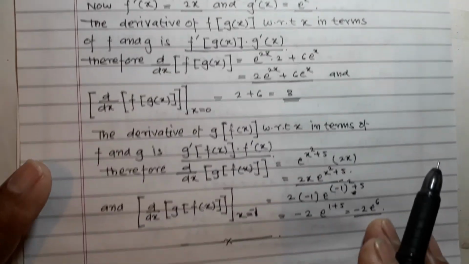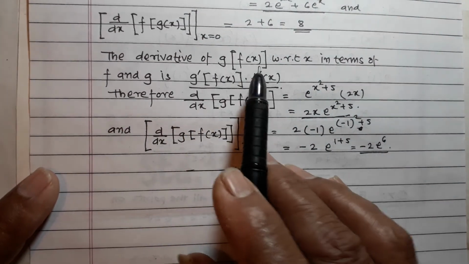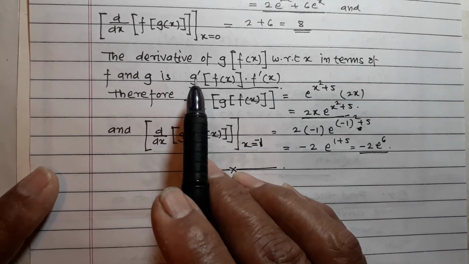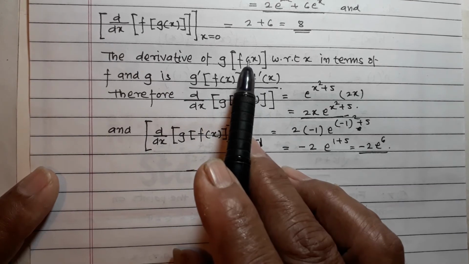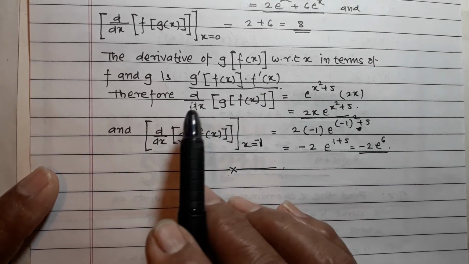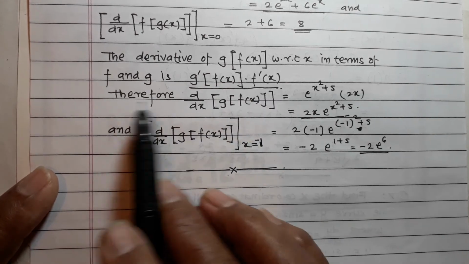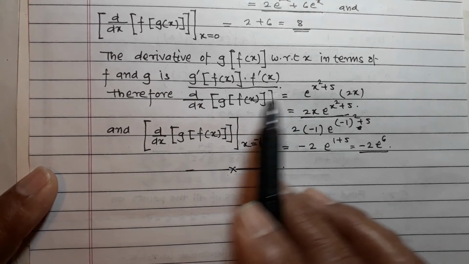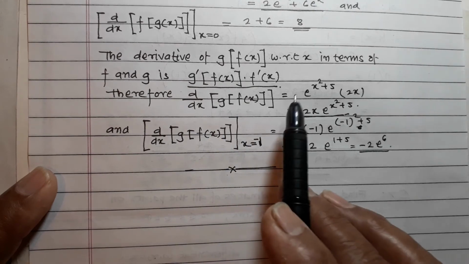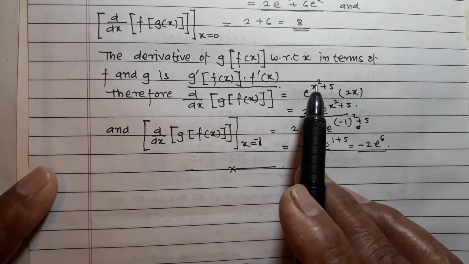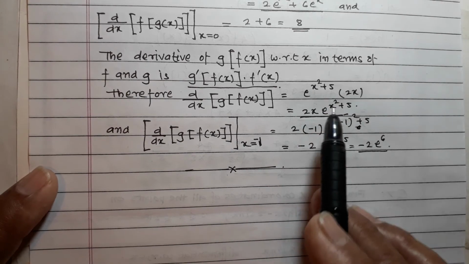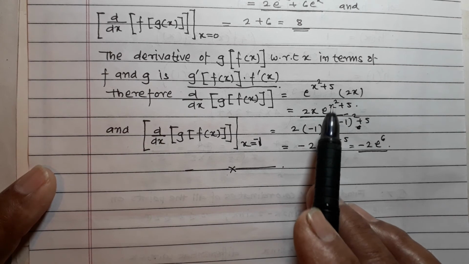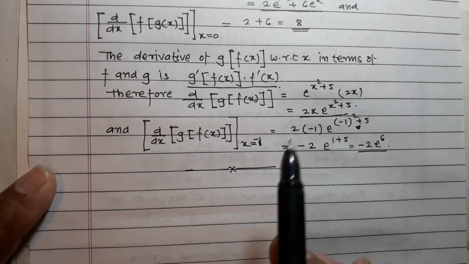The derivative of g(f(x)) with respect to x in terms of f and g is g'(f(x)) and the derivative of f(x), that is f'(x). So this is the fill-up. Therefore d/dx g(f(x)) = e raised to x square + 5 into 2x, which is 2x into e raised to x square + 5.